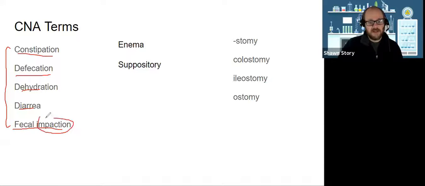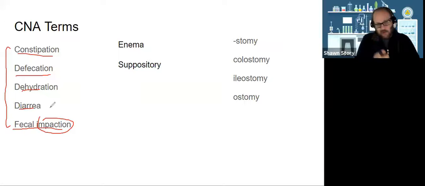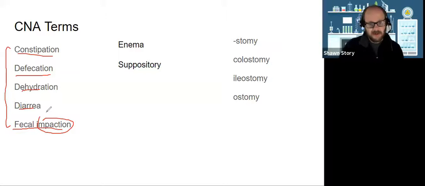Fecal impact is kind of like constipation, right? It's this blockage that's gotten really hard and it's blocking that. There's a fecal impact inside the colon there or in the anus, stopping a bowel movement. So it's linked to constipation. Any questions over these words? We good? Or something we don't know?